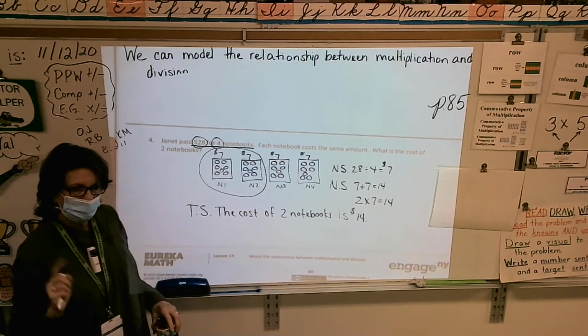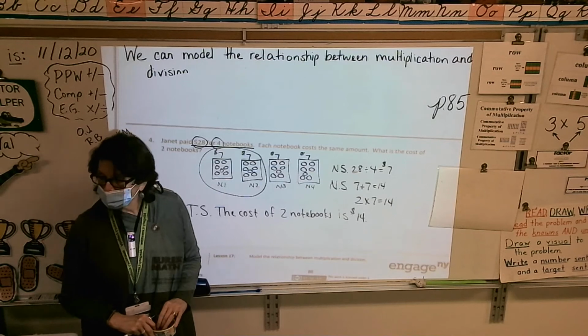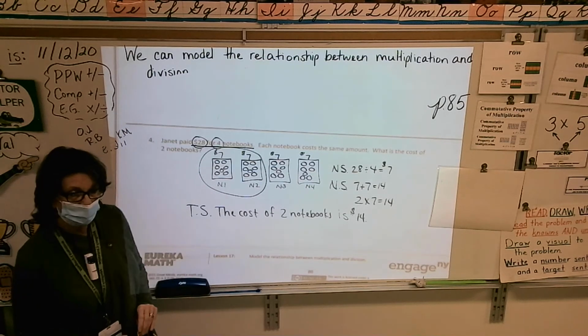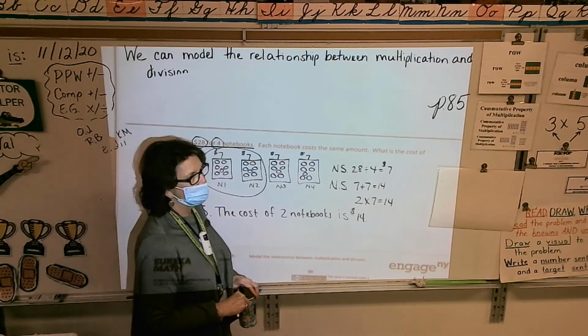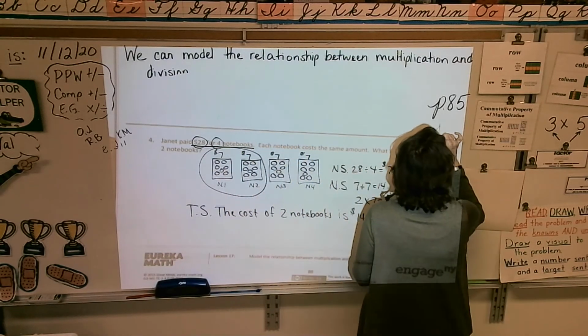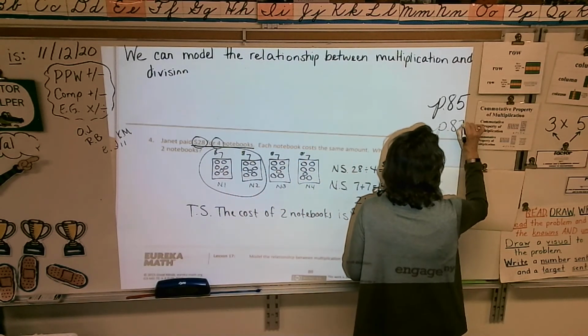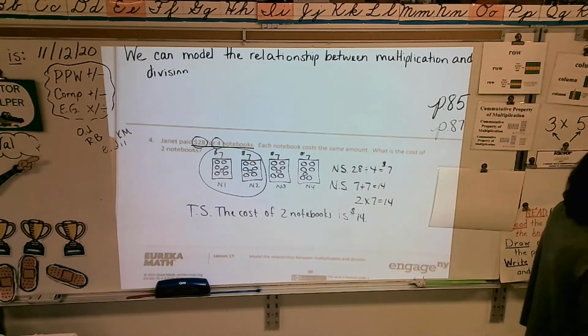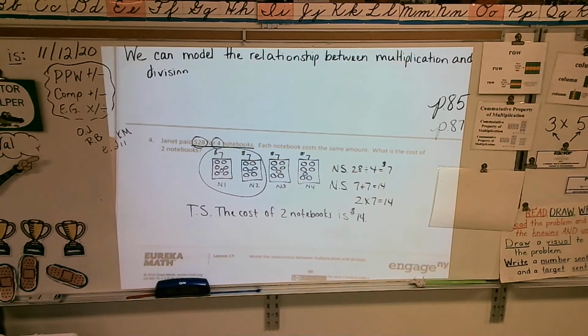Okay, let's see if you guys can do one on your own. Should we go to the homework? So the homework page should be 87, I believe. Go ahead and try the first one on page 87 on your own. I know kids like to practice without always having a teacher. Oh, not page 87, I'm sorry.